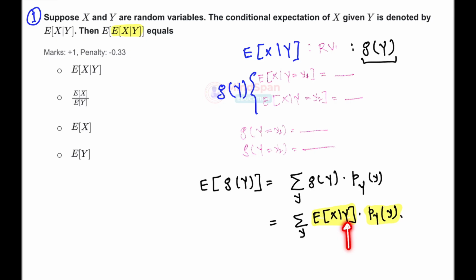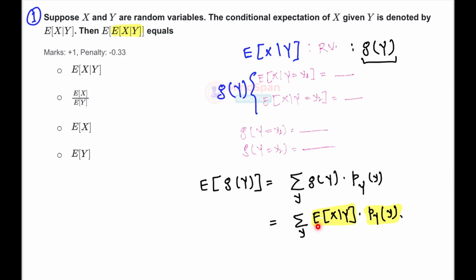We are running over this y, so for all y we are finding the conditional expectation of x given y. You can think of y as a scenario, right? So we are finding the expectation of x given this scenario, and we are multiplying this expectation with the probability of the scenario. If you recall from my lecture, this is nothing but the total expectation theorem.